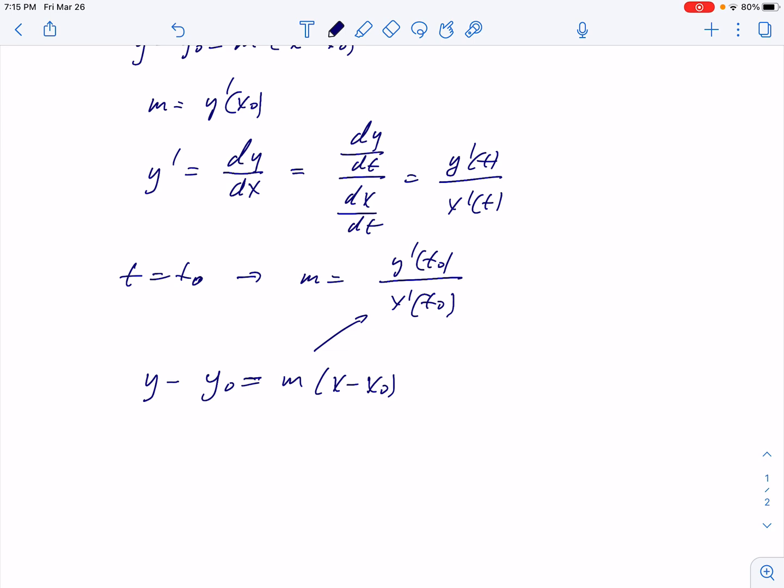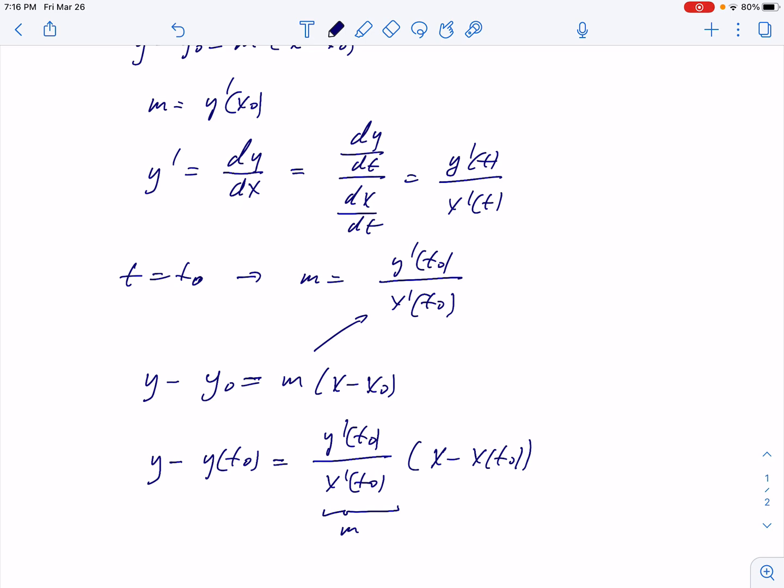Completely in terms of t, this will be y minus y of t0, because this is y0, equals y prime t0 over x prime t0, which is the slope here, times x minus x of t0, which is x0.